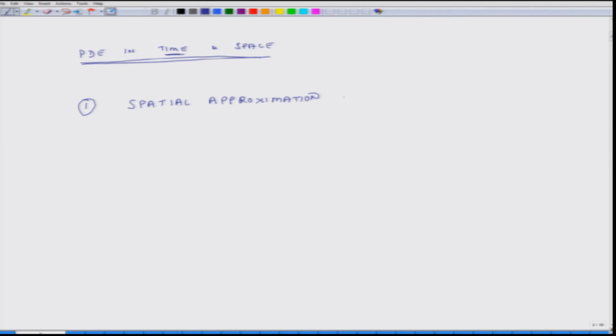And at the end of this, you have initially a PDE, and when you do spatial approximation, you are left with an ODE, an ordinary differential equation in time. Okay. And all this activity we are doing at the element level.